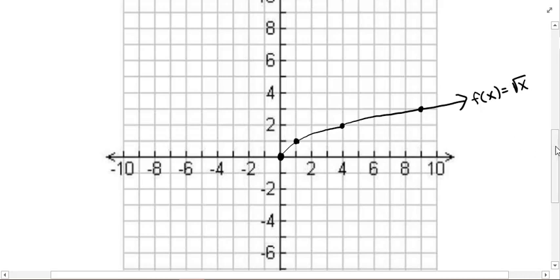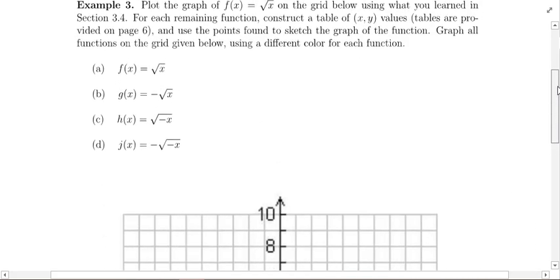If you examine the equations in parts B, C, and D, they all involve some variation of the square root of x. What you actually see is, in addition to the square root of x, some negative signs. Sometimes the negative sign is outside of the square root, sometimes it's on the inside, and in part D, it's in both places, on the inside and on the outside.